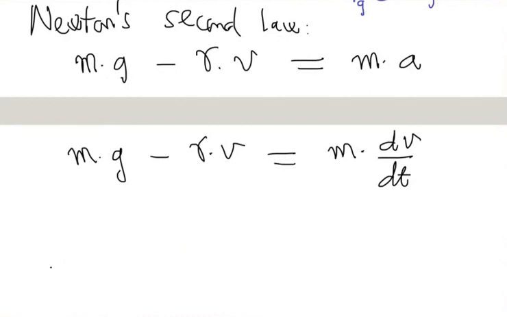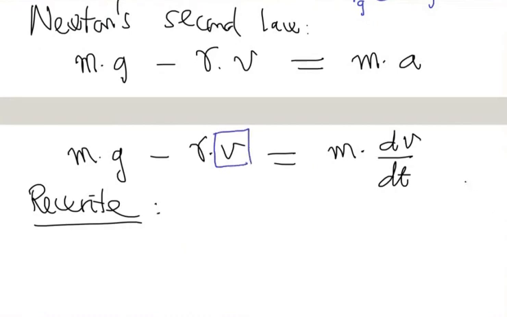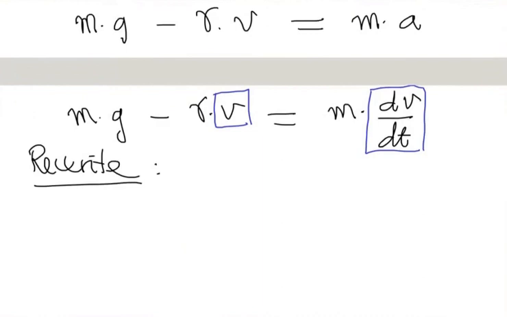So let's rewrite the equation in the general format of a linear equation. This is a linear equation because the unknown is v, and we have v and dv/dt only. These are the two places that the unknown and its derivative appear. It's linear.